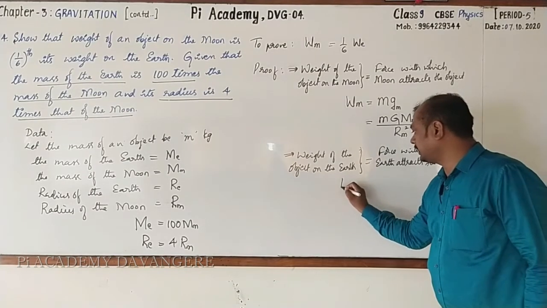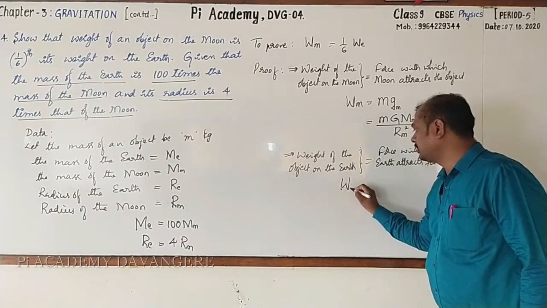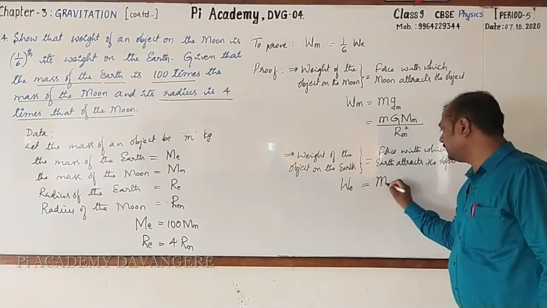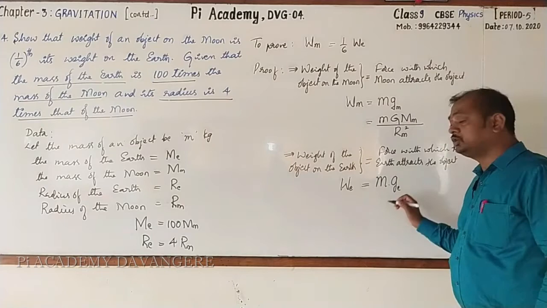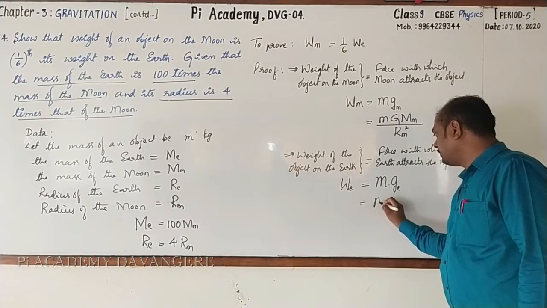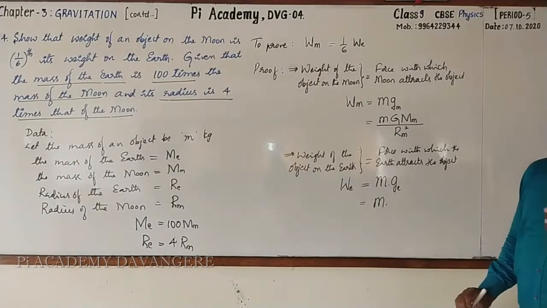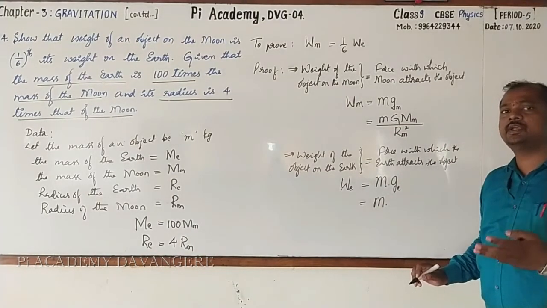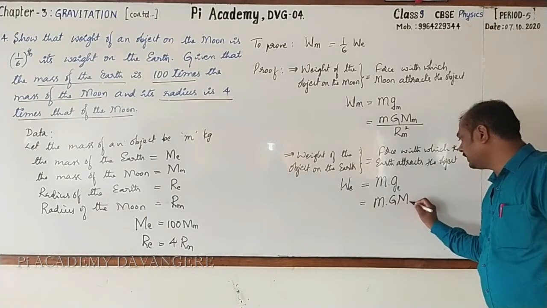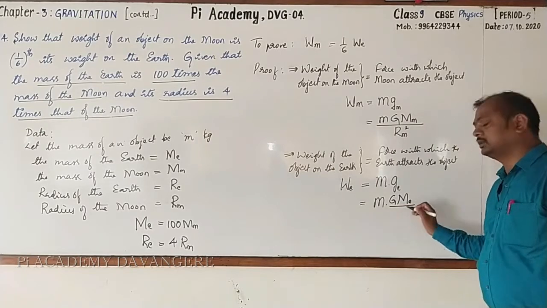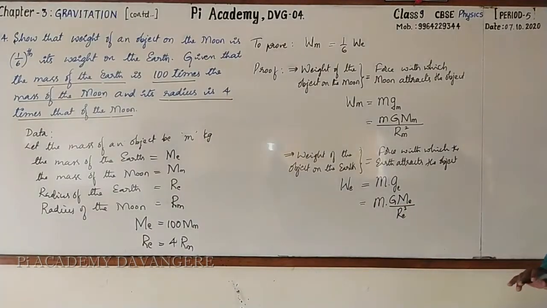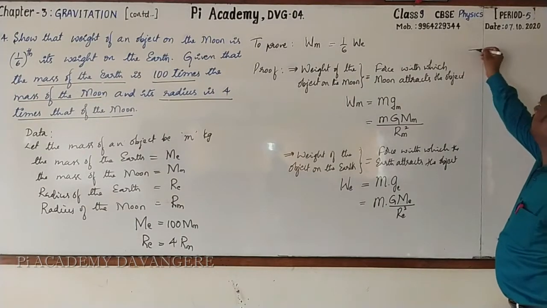Hence, it can be written as weight of the object on the earth, WE, is equal to mass of the object into acceleration due to gravity on the earth. That is g, which is GM by D square. That can be written as G M, mass of the earth, by RE square. Followed?